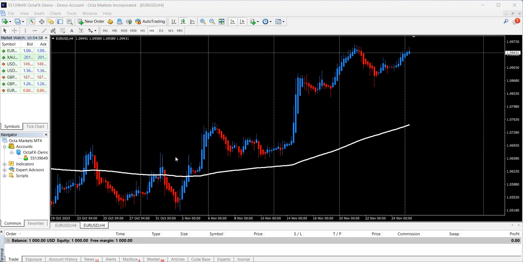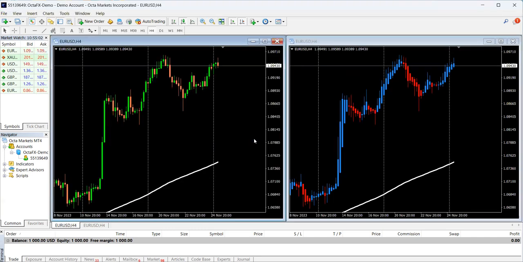I'll show you quickly now the difference between the Japanese candlesticks and Heiken Ashi. On the chart on my left, this is a 4-hour chart for EURUSD, and on the right is also a 4-hour chart on EURUSD.